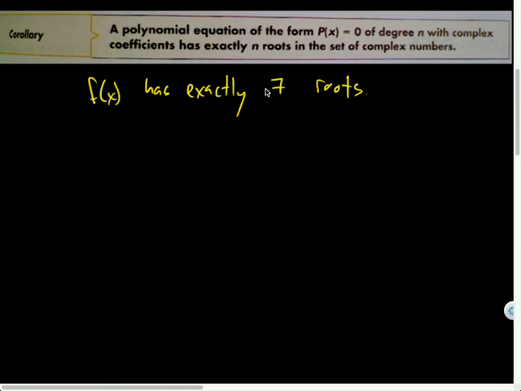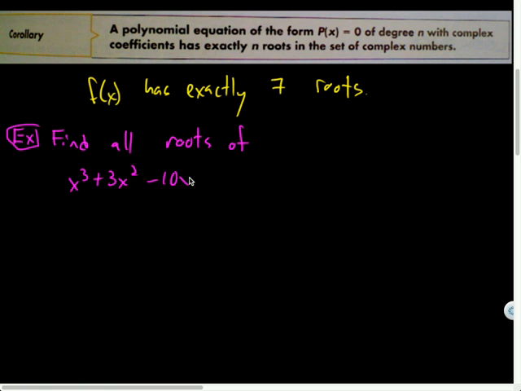So, corollary. Let's actually do an example. What if I want to find all roots of x cubed plus 3x squared minus 10x minus 24 equals 0?